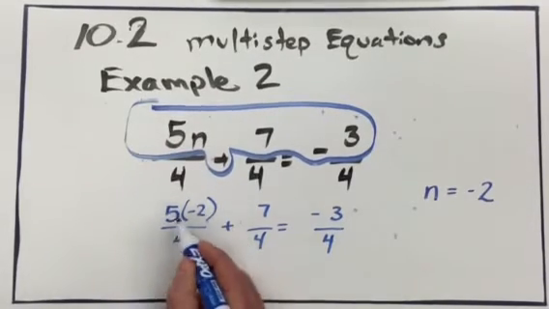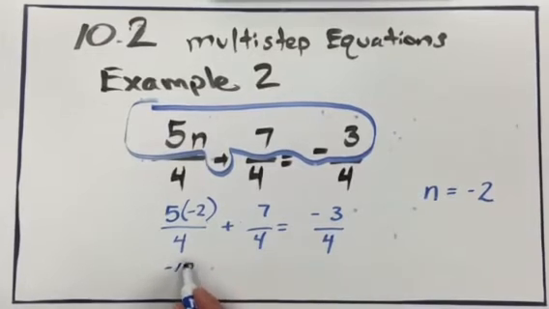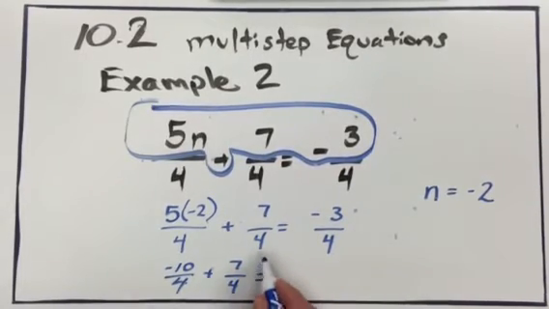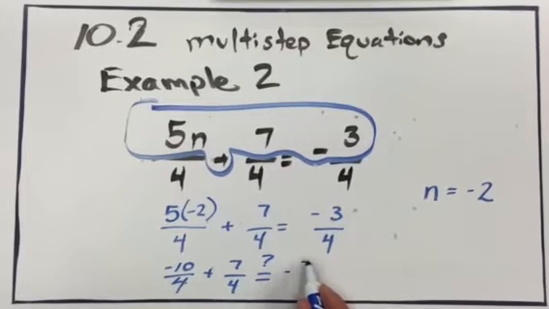Take care of the multiplication first. 5 times a negative 2 is going to give us negative 10. Negative 10/4 plus 7/4. Does that equal negative 3/4?